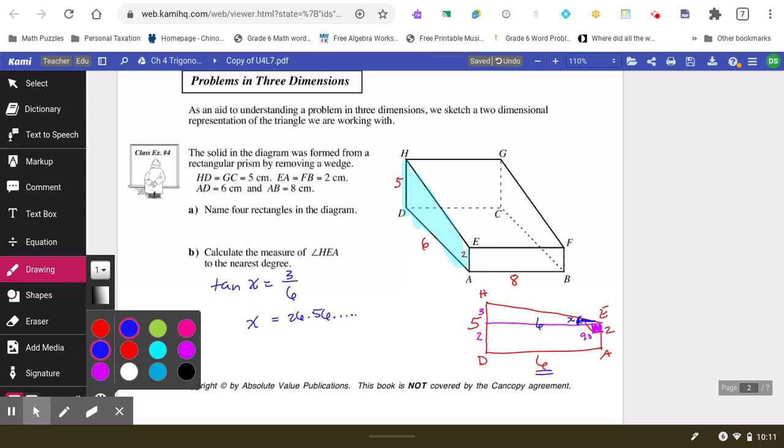I'm going to then add the 90 to get the whole thing to the nearest degree. 117 degrees, all said and done. So what was important was to cut that blue slice, turn it sideways so you can see it good, and draw this purple line to divide it so that you have a rectangular shape down here that's 2 by 6, leaving you what's left in the other little triangle on the top.